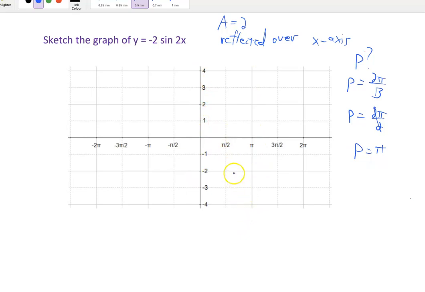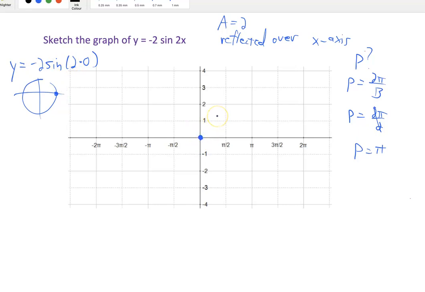All right, let's plug in some values and double check with what we know from just the equation. So maybe let's come over here and do some scratch work. Y equals -2 sine of 2 times, let's start at 0. If I plug in a 0, well, let's look at our unit circle here. At 2 times 0, I'm at 0. Sine of 0 is 0. All right, -2 times 0 is 0, right?